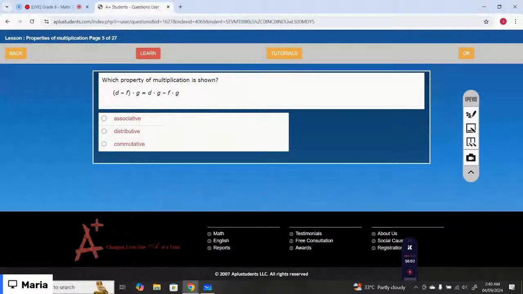Okay, which property of multiplication is shown? d minus f times g, d times g minus f times g. So which is the correct option?